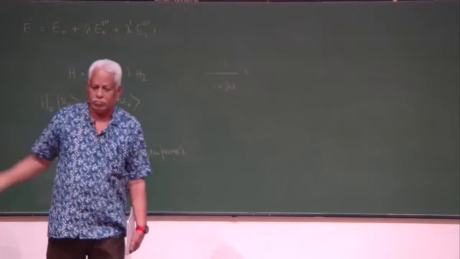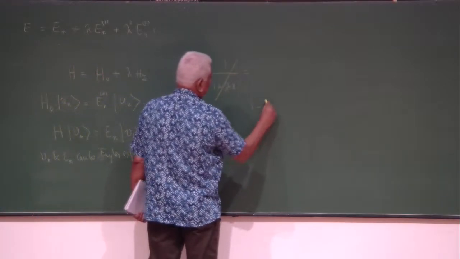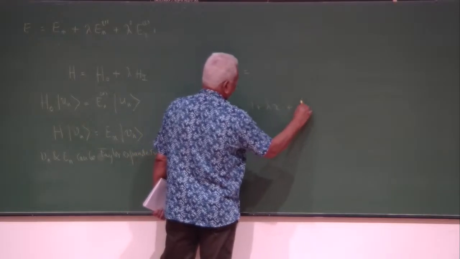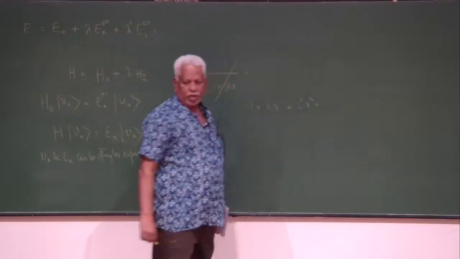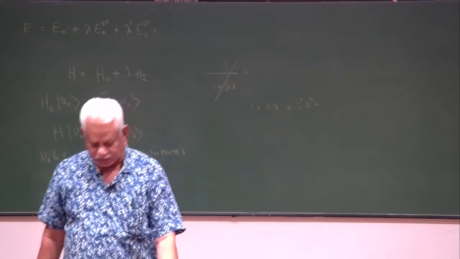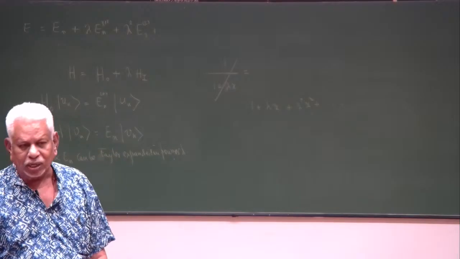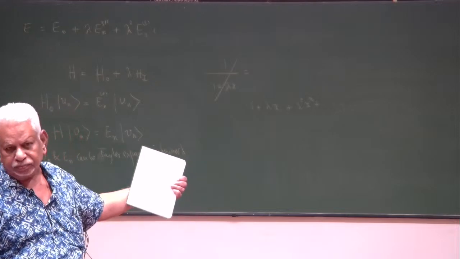You can write 1 plus lambda x plus lambda square x square, etc., up to an infinite number of terms. As long as lambda x is less than 1, I can sum all of them and get the answer.